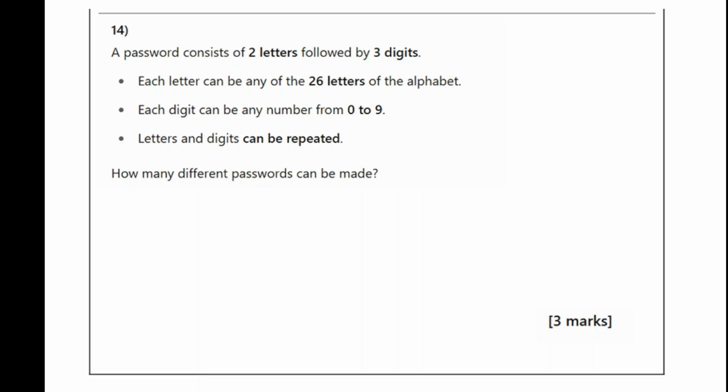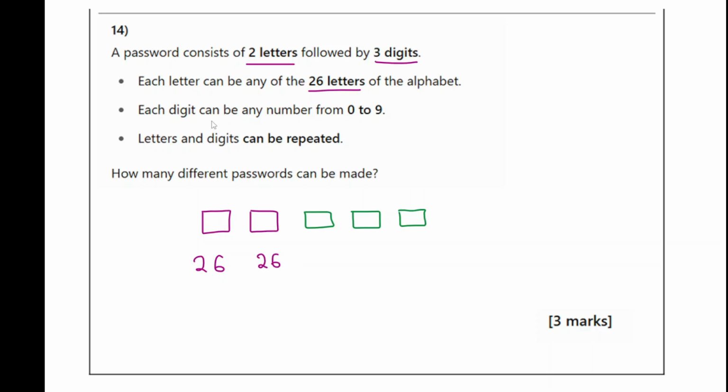Question number 14. Give this a try. A password contains 2 letters followed by 3 digits. So you can have letter 1 and letter 2. Then you have 3 digits. Each letter can be any of the 26 letters of the alphabet. Okay, so we have 26 options to choose for this one, and we have 26 options for this one.